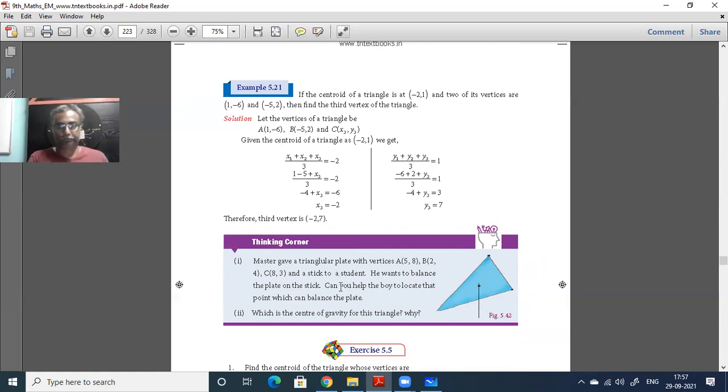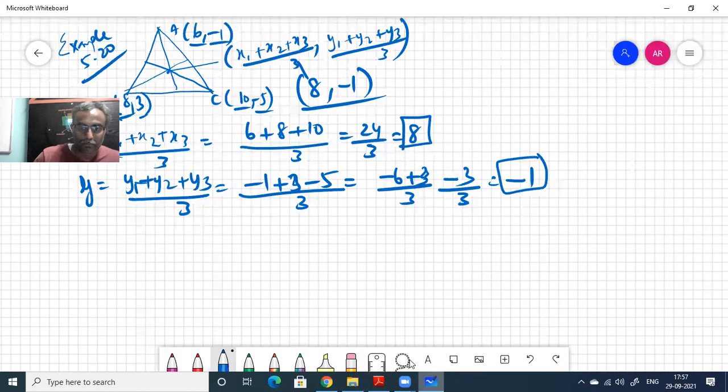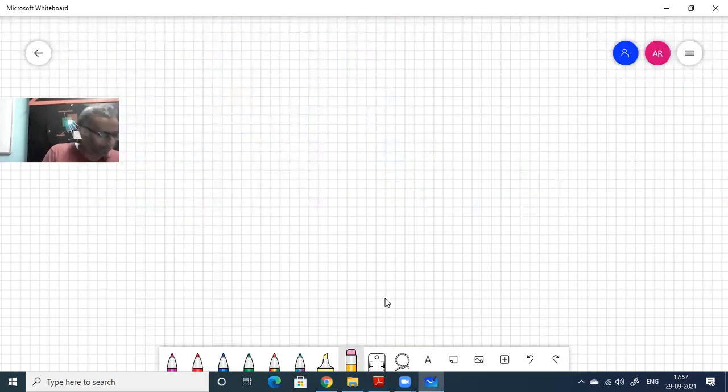Let us do Example 5.21. We came a little late now, 7 or 8 minutes late, so let us take some time now and finish it. Please cooperate. The centroid of a triangle is at (-2, 1).